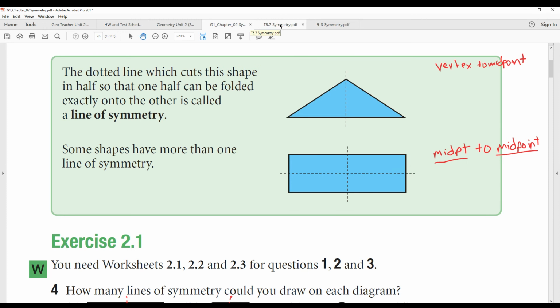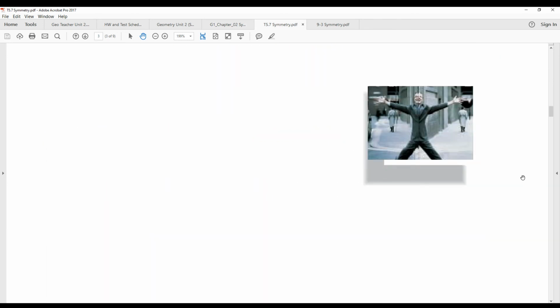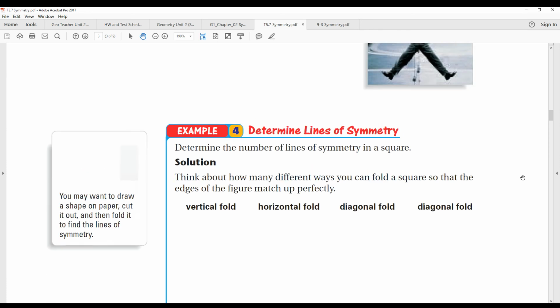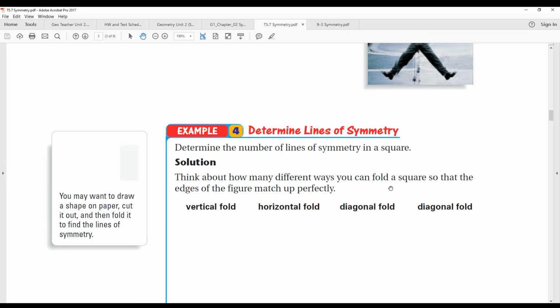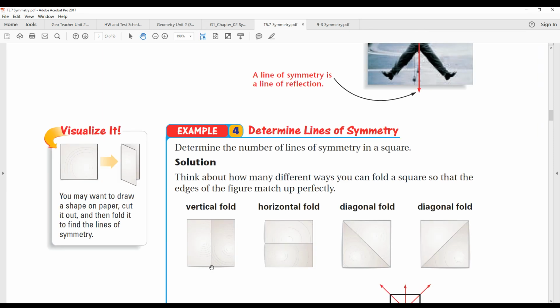There's also another thing to consider, and this is where the page says, let's see if we can fold it. If we have these extra special shapes, what we call regular, where it has sides that are equal and angles that are equal, you can go from midpoint to midpoint.